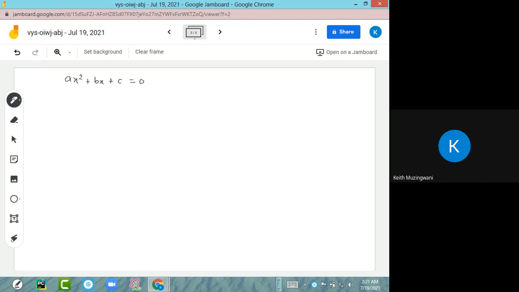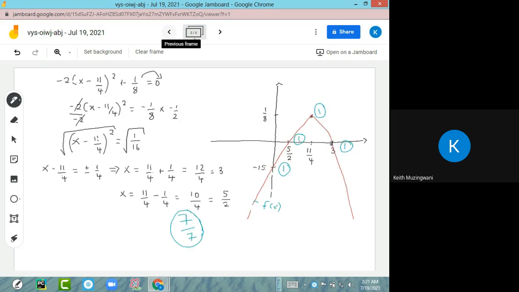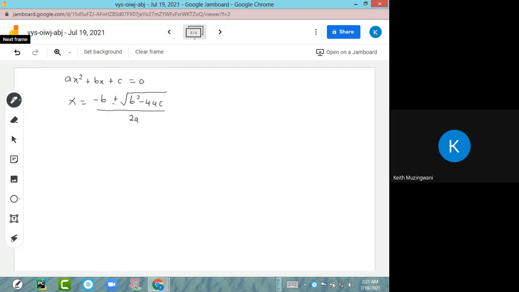By completing the square or by the general formula, we know that x is obtained in this manner. Here we have two possibilities. You saw what was happening here. We had the plus here. We also had the minus here. This means that there are two options.